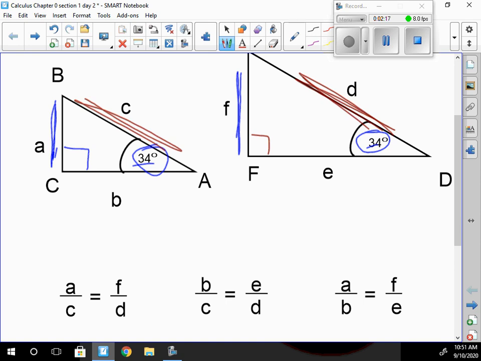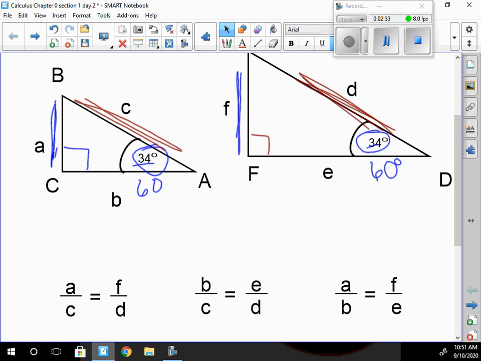A right angle and another, so this could be any other angle measure, like 60. If this one was also 60, then these two triangles would be similar and the ratios would be true.